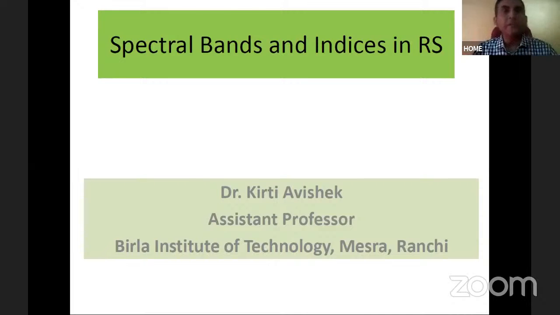So students, we are dealing with spectral bands and indices. And keeping spectral bands in mind, I have one small question which we dealt with in the last session. What do you mean by spectral resolution? Can anyone write what you mean by spectral resolution? Can anyone recall what is spectral resolution?